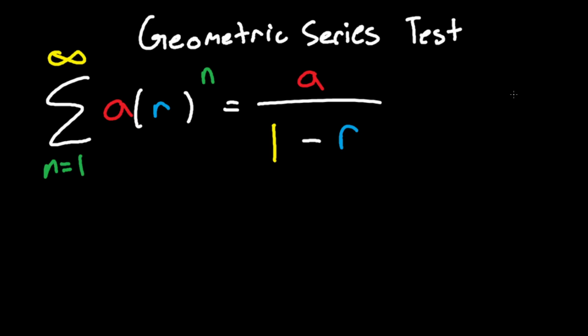But here's an important condition that must be met. R must be less than 1 in order to do what I'm doing here. More specifically, the absolute value of R just simply needs to be less than 1. If this is the case, then you can use this formula to determine where the geometric series actually converges at.